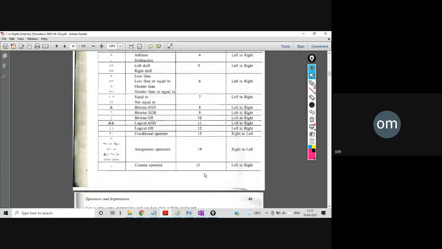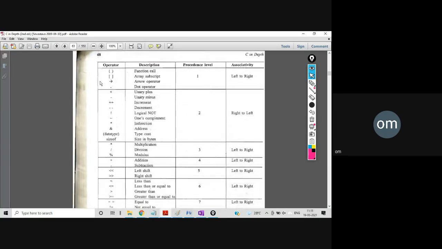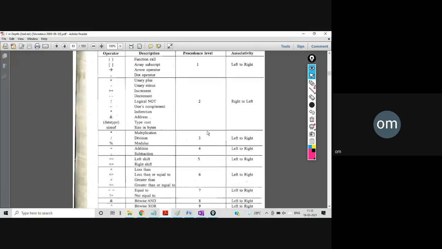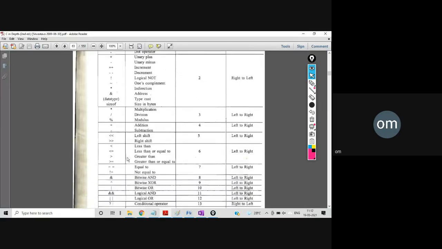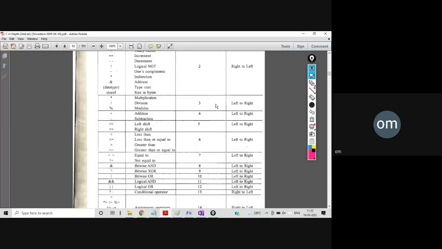Total 15 precedence levels are there. You can mark this particular column as the first column. By that you can understand that this is the first, second, and third precedence level. Now, how to remember all these different operators along with their precedence level and their associativity?